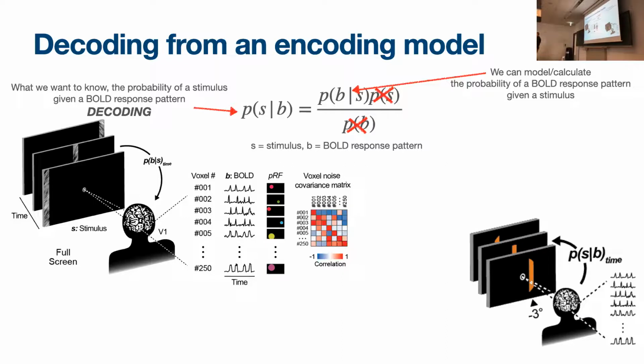Okay? We can go the other direction. And that's why some people call this inverting the encoding model. But this means we can decode. So we can now take an out-of-set sample of time courses, and we can project it onto the screen. That's what this allows us to do.